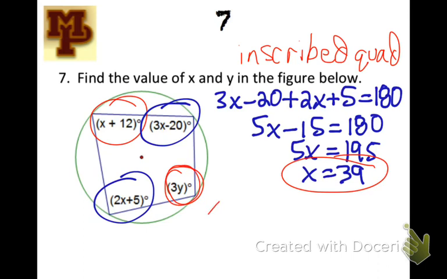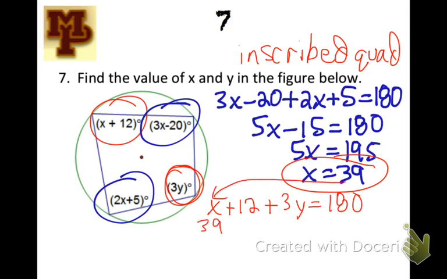So if x equals 39, then we also can add the other ones together, these red ones. Let's add those together. So we get x plus 12 plus 3y equals 180. And now we know that 39 is x, so we can put that in there. So 39 plus 12 plus 3y equals 180.